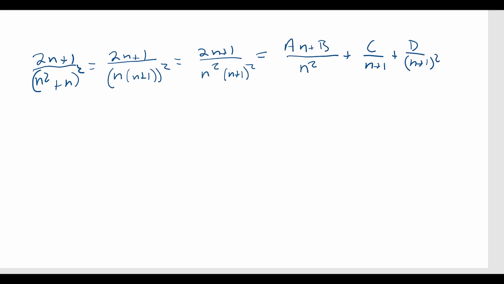Again, what we normally would do is clear out the fractions. So we multiply everything by the common denominator, n squared times n plus 1 quantity squared. That gives us on the left side 2n plus 1. On the right side, it would be an plus b times n plus 1 squared, plus c gets multiplied by n plus 1 and n.